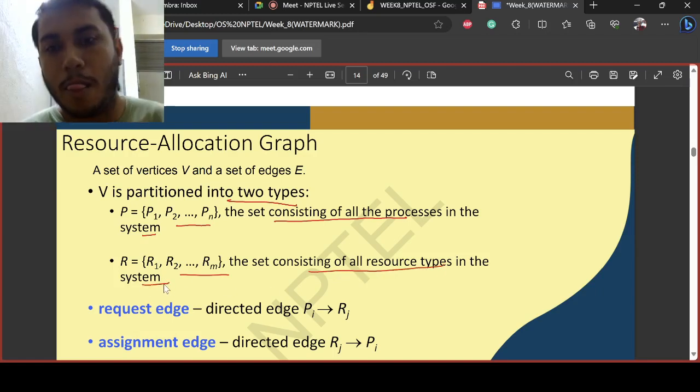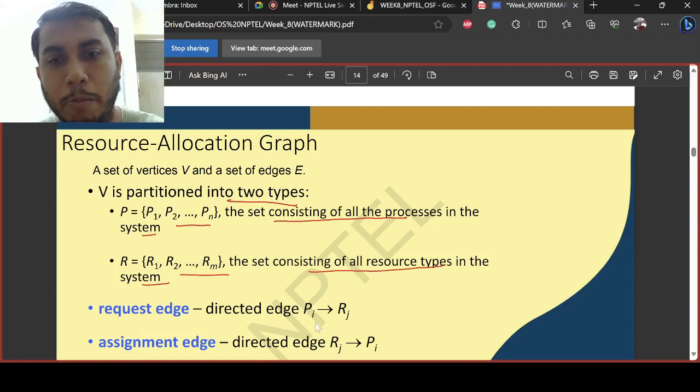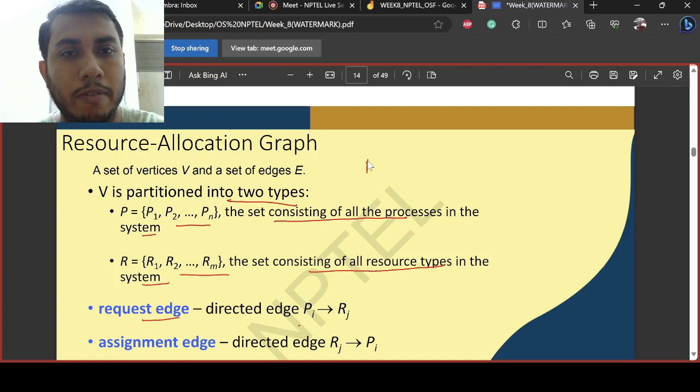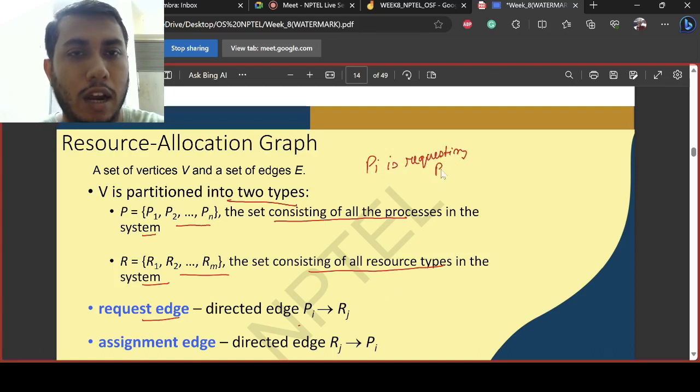If there is a request edge, meaning Pi is requesting Rj, then you have an edge from Pi to Rj.